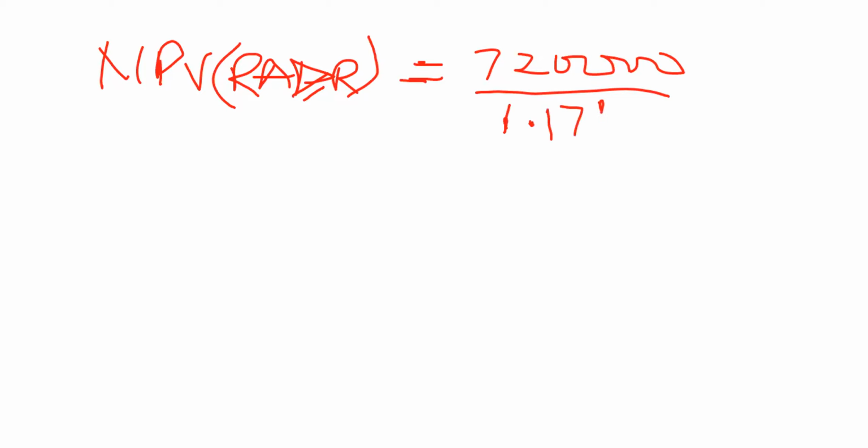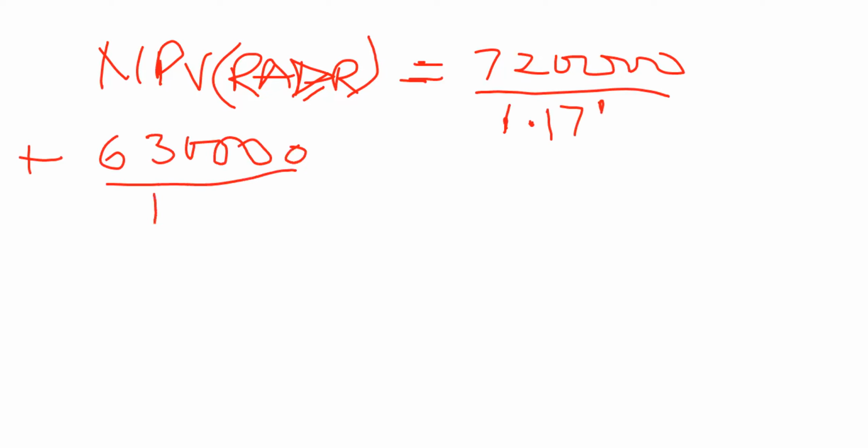So it will be like this. Plus, the next one is what? After 720,000, what's the next one? 630. Yes. Good.